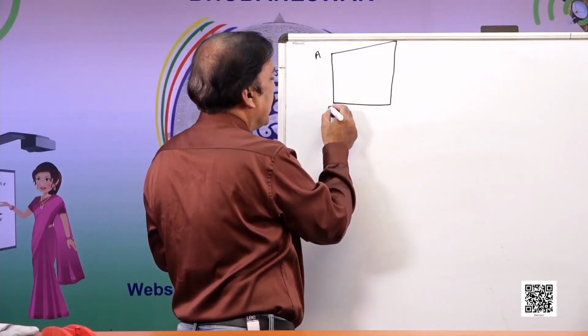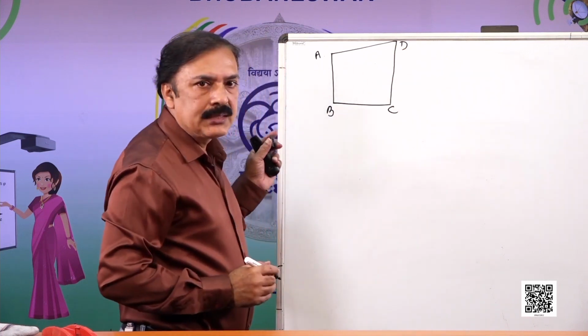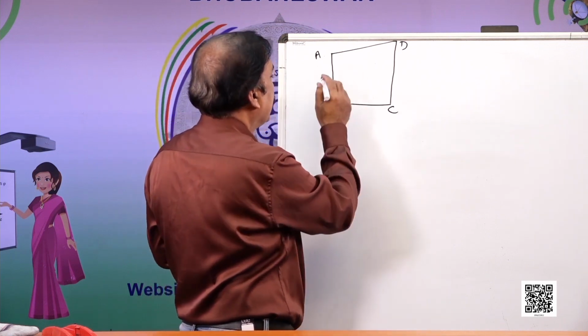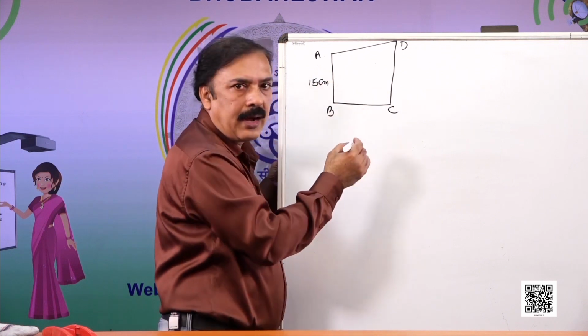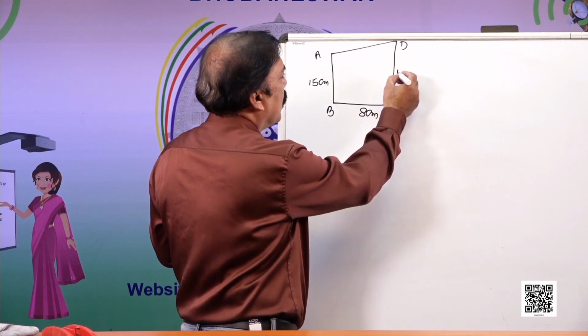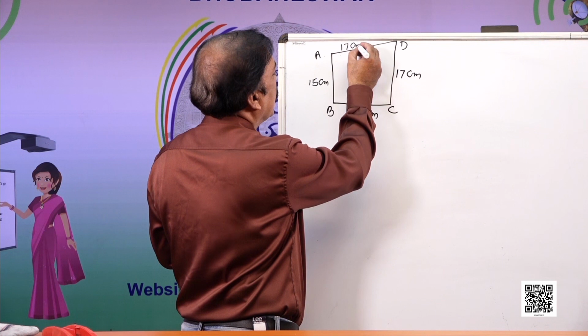So we can say ABCD, out of which the sides AB and BC are 15 centimeter and 8 centimeter, and the other two equal sides are 17 centimeter.